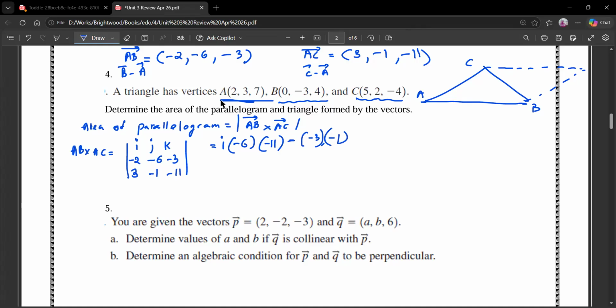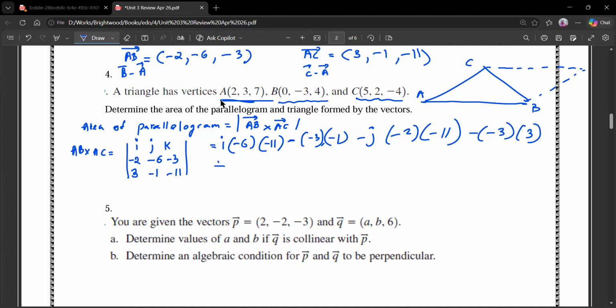Then negative J: going with J, cancel these two, negative 2 and negative 11, minus negative 3 and 3.